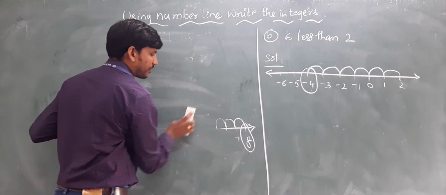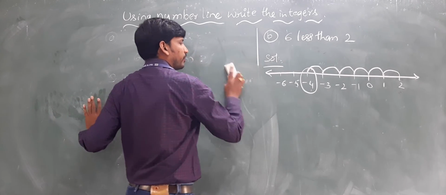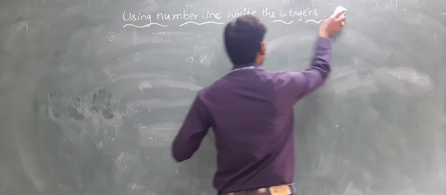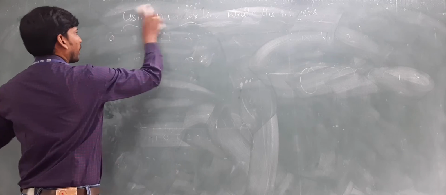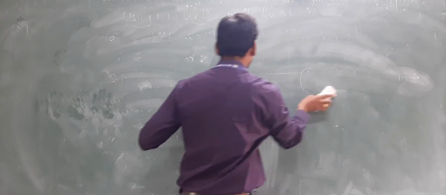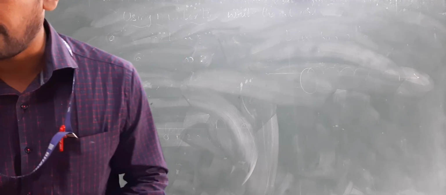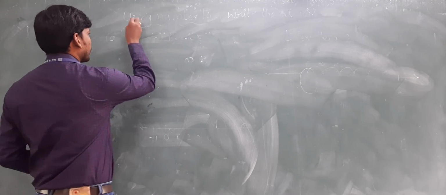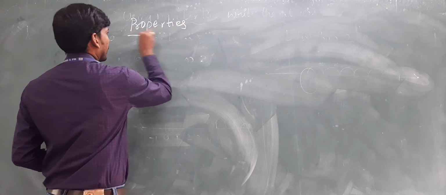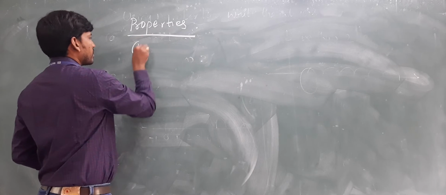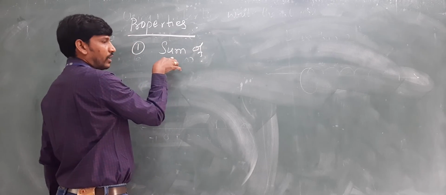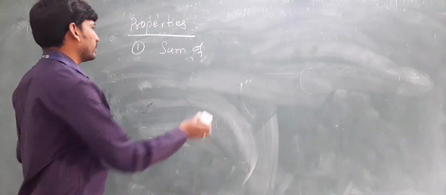Now I am going to recapitulate whatever we discussed today, how to add two integers without using number line. Let us discuss once again today's topic. So the properties of integers. What are the properties? The first one is, see, sum means addition, or addition of two integers.